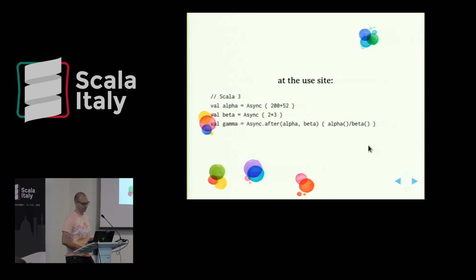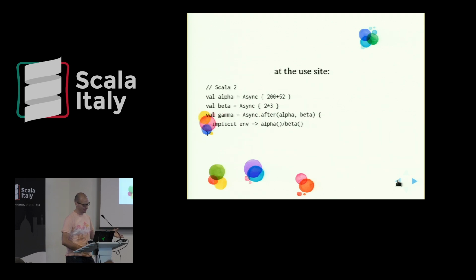We don't need that. We can refer directly in here to the values alpha and beta. We can apply them. These will take implicit parameters which will find an implicit in scope that we don't need to write because it's provided through an implicit function type. So that is the syntax I always wanted.